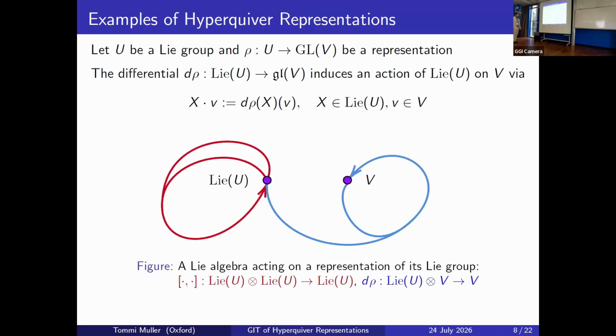And so we can draw this as a hyperquiver with two vertices, the Lie algebra of U on one and V on the other. Here the red map is just the Lie bracket map, and the blue map is this action that we discussed. So these are the kinds of objects you would see in non-reductive GIT again.